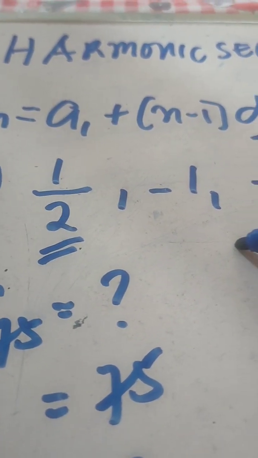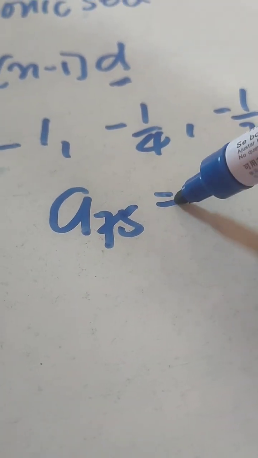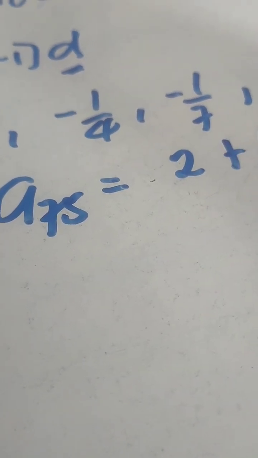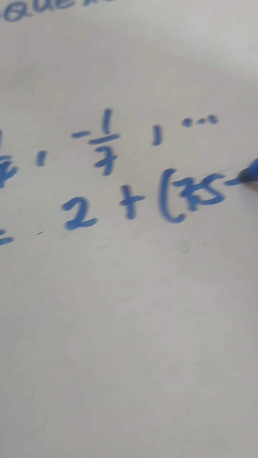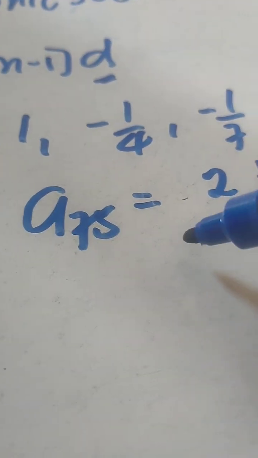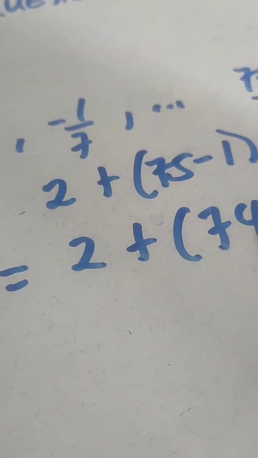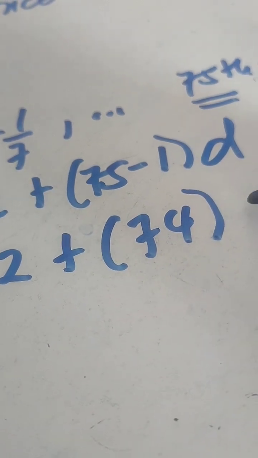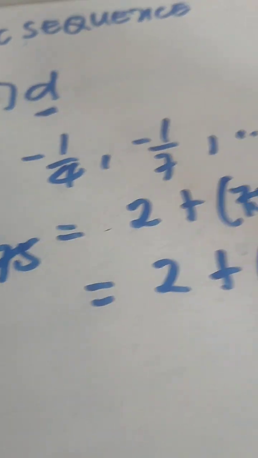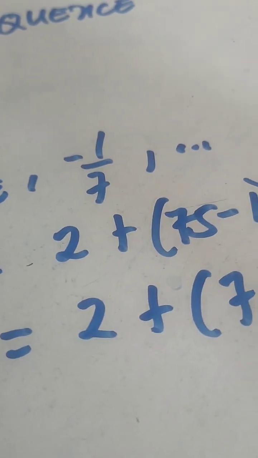Your a sub 75 is equal to 2 plus 75 minus 1 times d. Okay? So we have here 2 plus 74 times d. But remember, we have not solved for our d, because d is necessary to arrive at the correct answer.